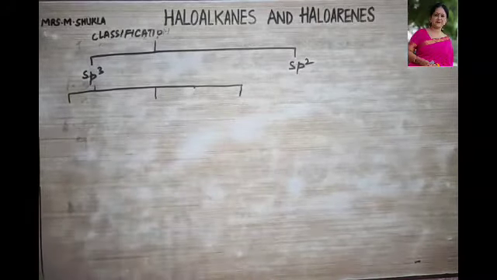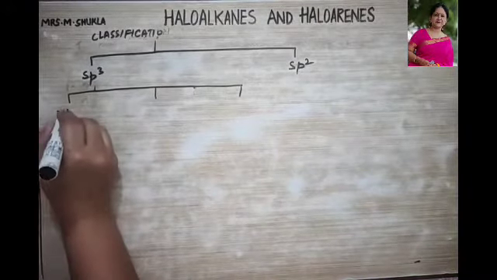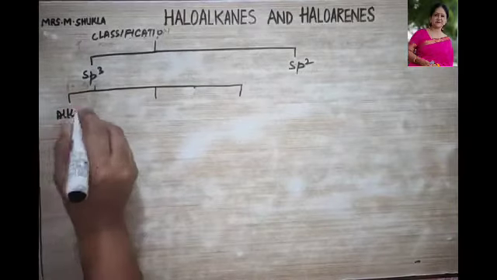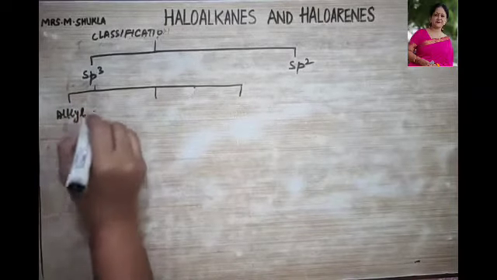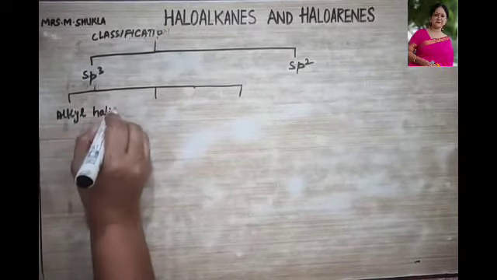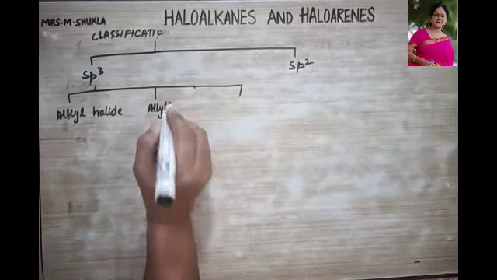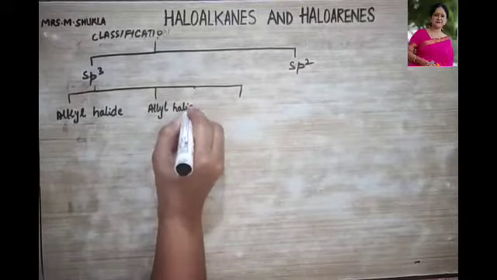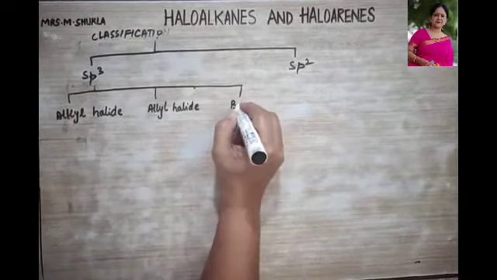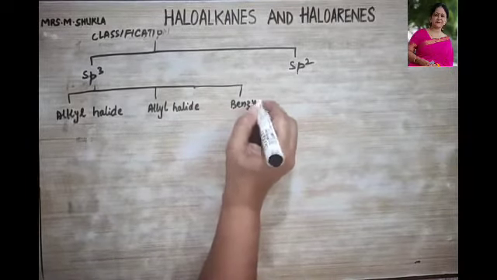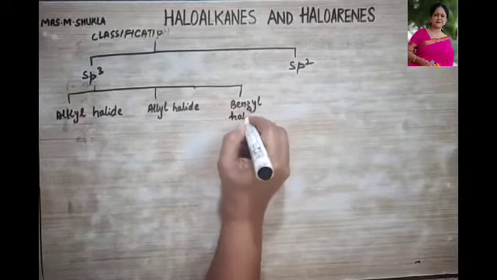Let me explain it like this. The first is your alkyl halide, the next one is your allyl halide, and the third one is your benzyl halide.